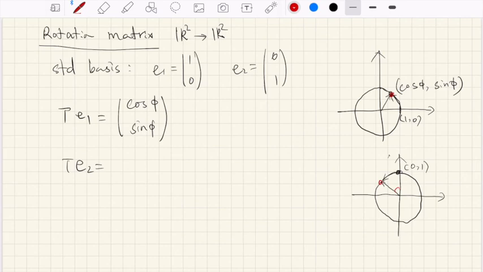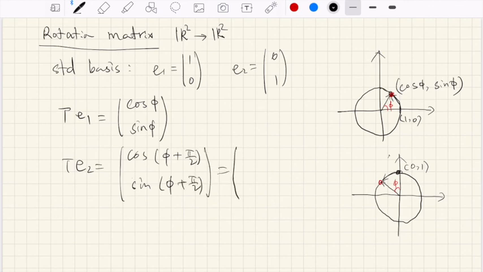The new coordinate will be cosine of phi plus pi over 2, which is 90 degrees, and sine of phi plus pi over 2. Then we can check the trigonometric formula, which can be written as negative sine phi, and this is cosine phi.